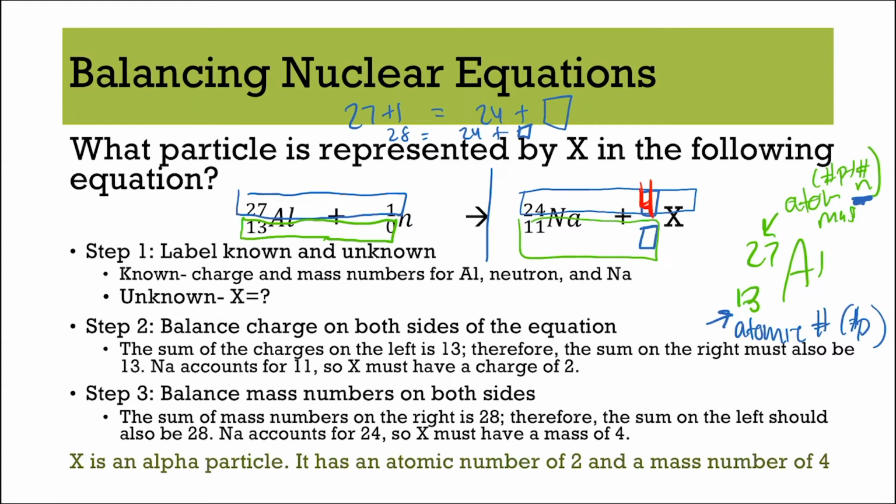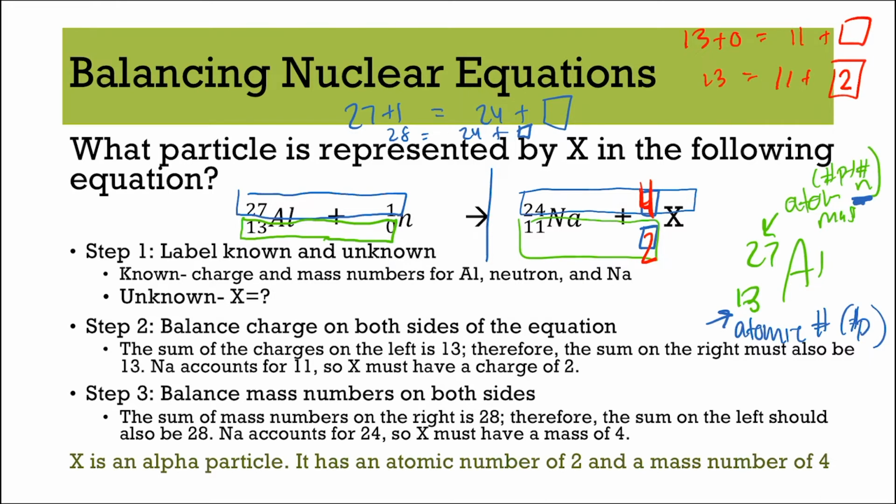Same process on the bottom. We have 13 plus 0 gives you 11 plus something else. So we know 13 has to equal 11 plus something, and that something is 2. And so there you have your 4 and your 2.